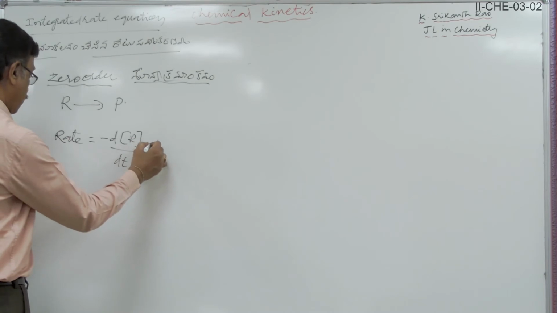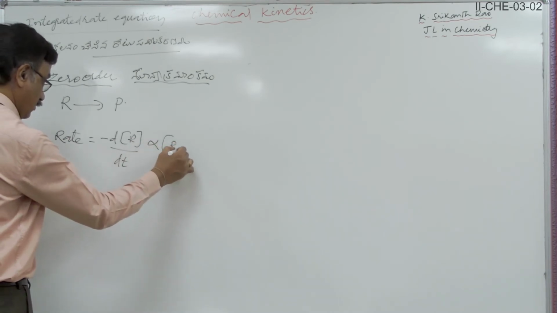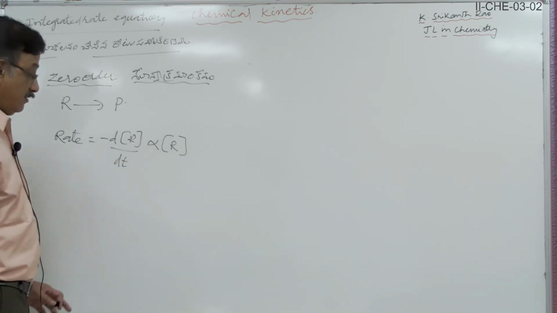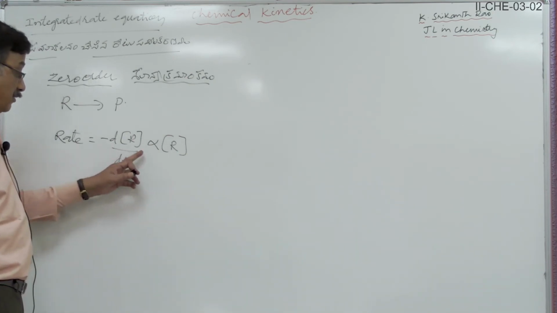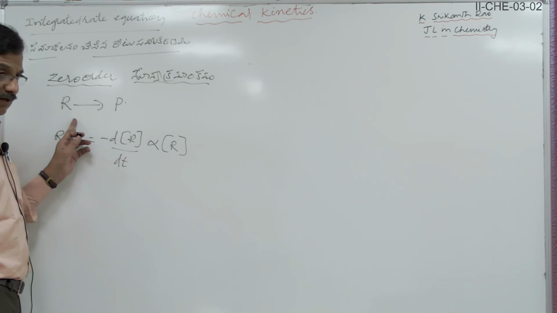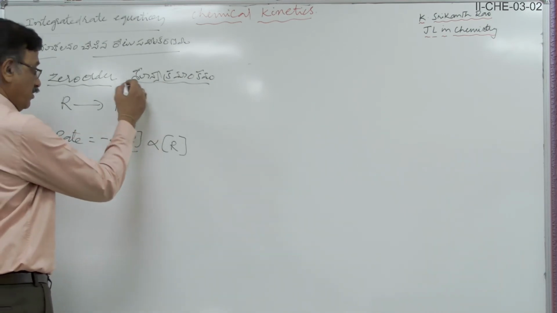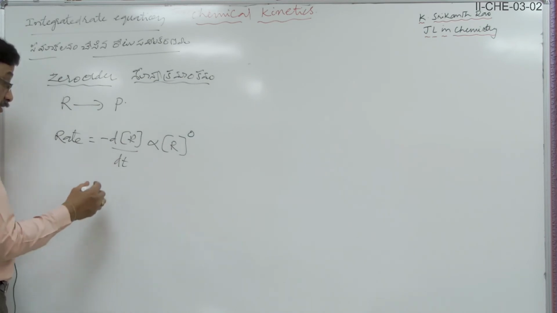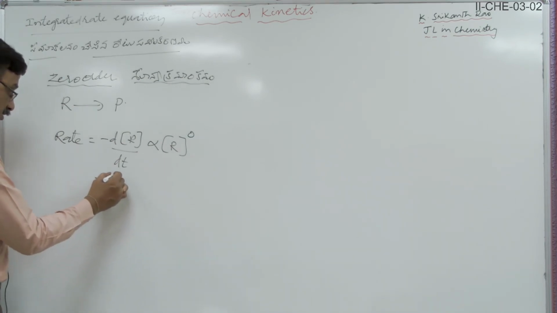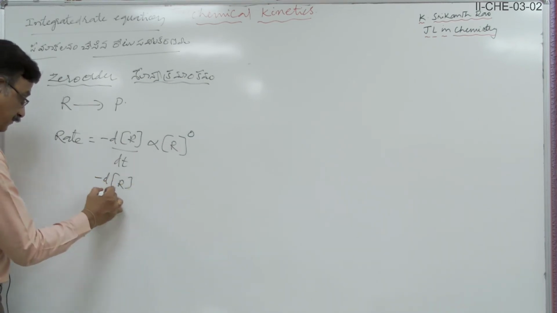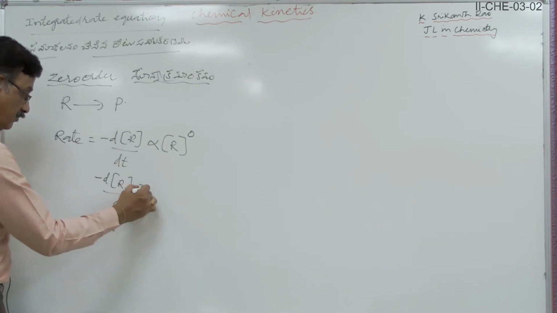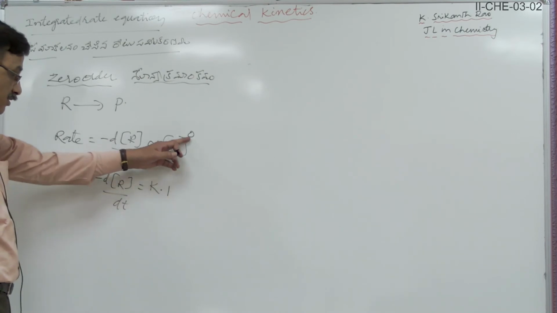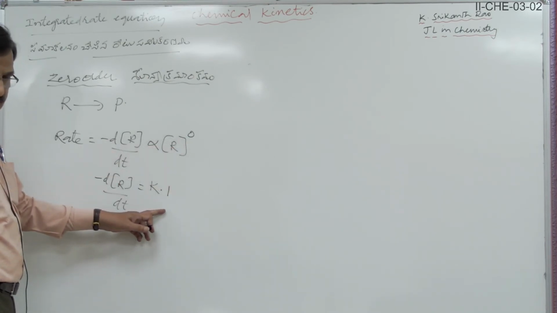That is proportional to R, this according to law of mass action, right? Rate of the reaction directly proportional to concentration of the reactant. If it is zero order reaction, it is the power 0, right? So minus dR by dt equal to k into 1, right? Something to the power 0 is equal to 1, right?